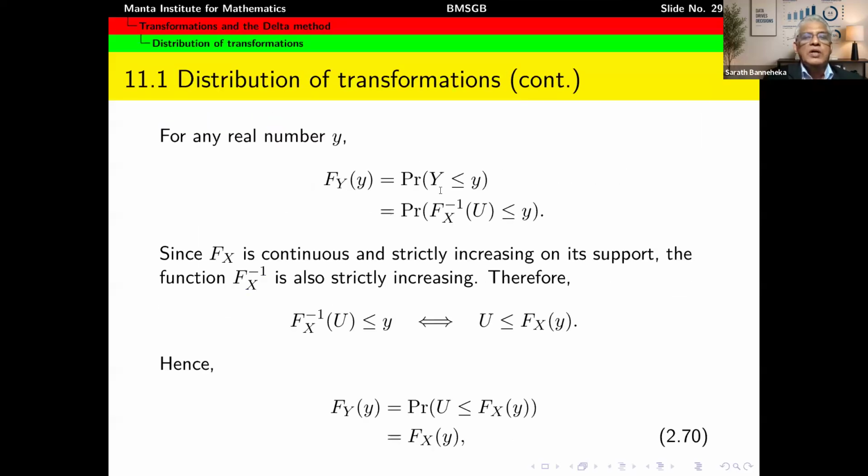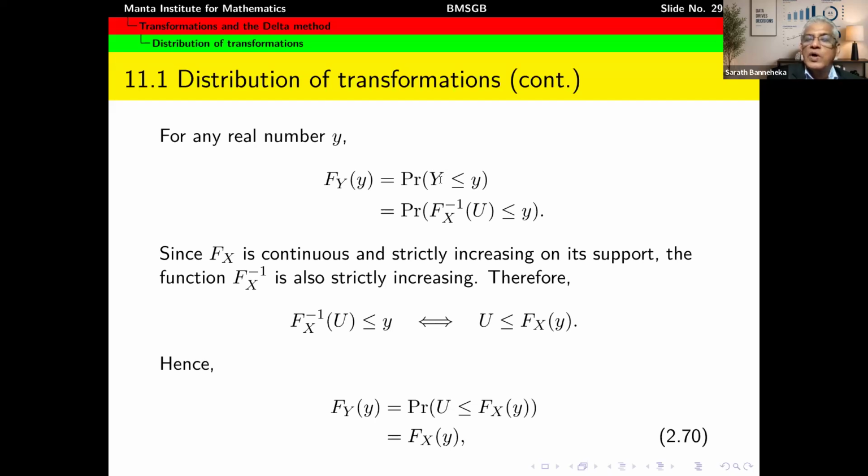Let's look at the cumulative distribution function of Y at some value little y. By definition, this is equal to the probability that Y is less than or equal to y.